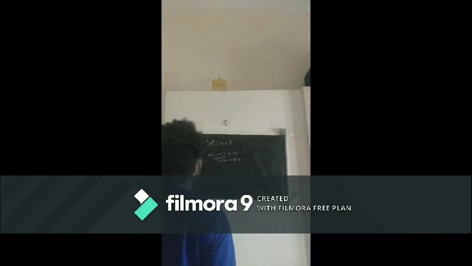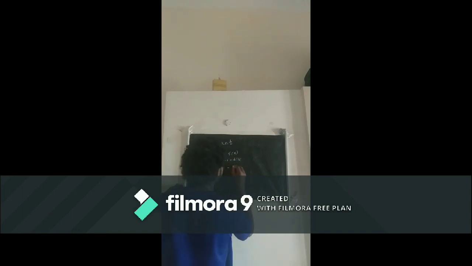Multiplying, b is multiplied by f of a, minus a into f of a, divided by f of a minus f of b.